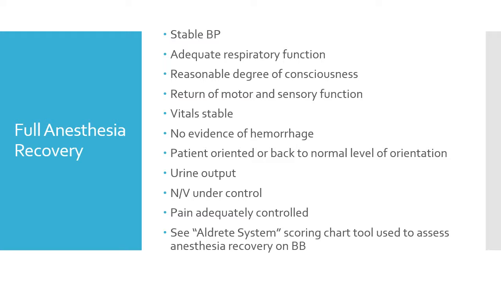They have urinary output greater than 30 milliliters per hour. Nausea and vomiting is under control. The pain is adequately controlled. And they have to have an Aldrete score of 9 or greater. If you look in Blackboard, I have a chart in there for you to view.